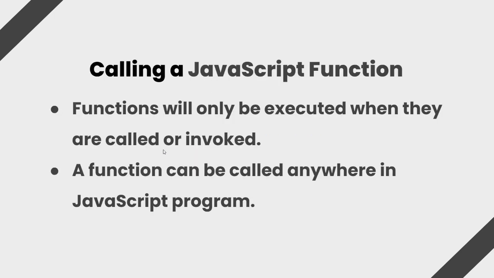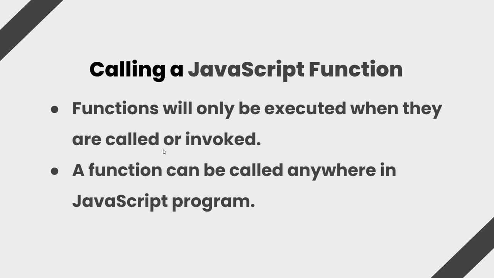So next we have calling a JavaScript function. This particular part we are looking at today is a very, very important piece when learning about functions, because one of the things you need to know is that functions will only be executed when they are called or invoked.